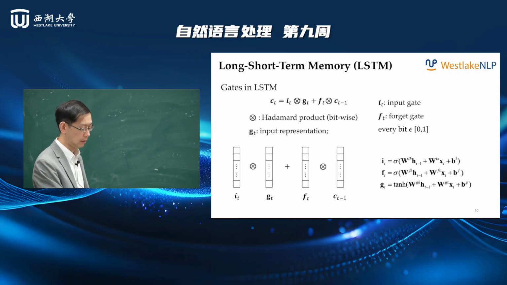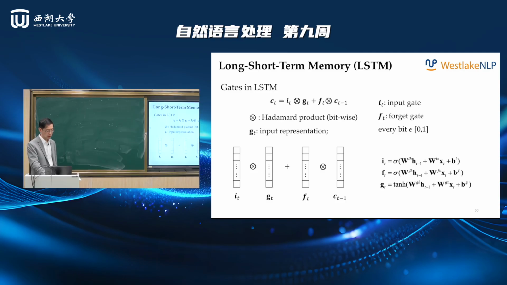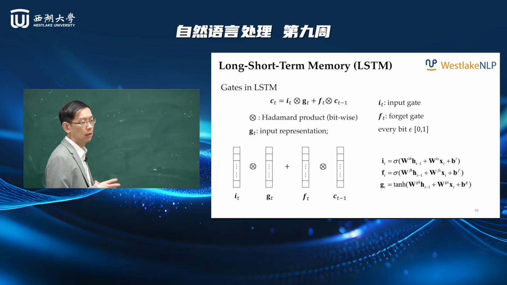Now, let's explain the equation a little bit. As I said to you, g represents the input. g is actually a composition of your previous hidden state, h_{t-1}, and your current input, x_t, through a tanh activation function. So that's the g value, okay?